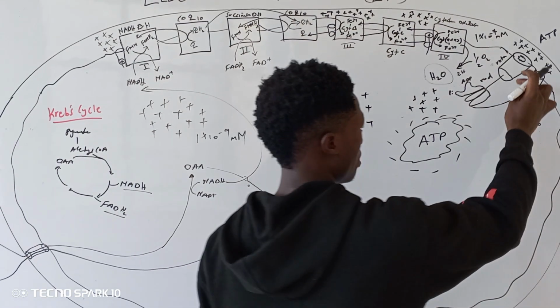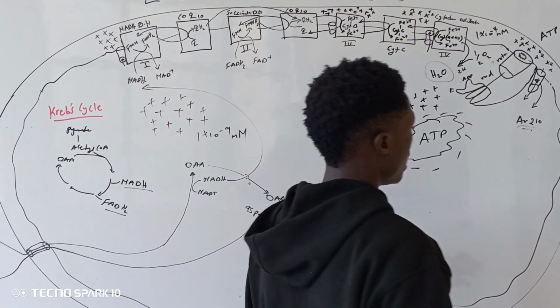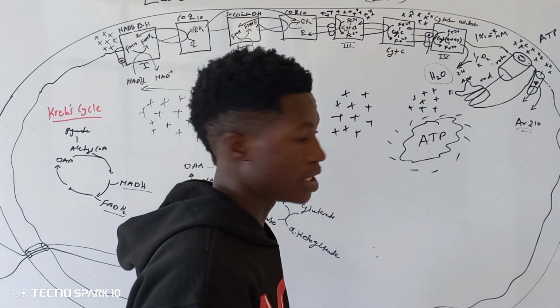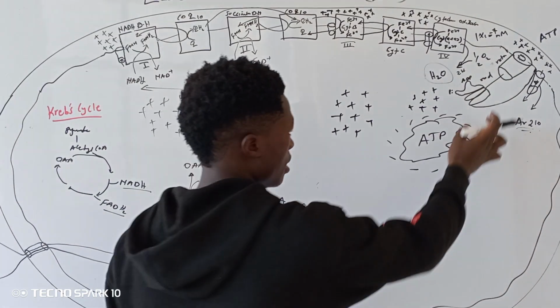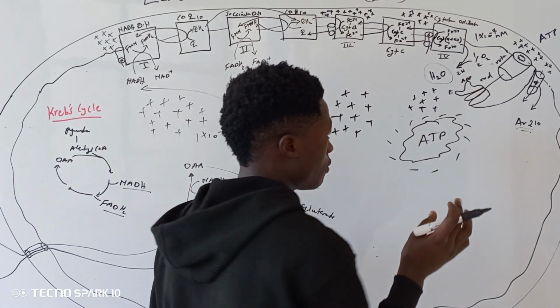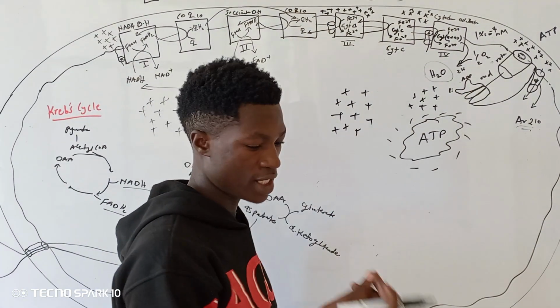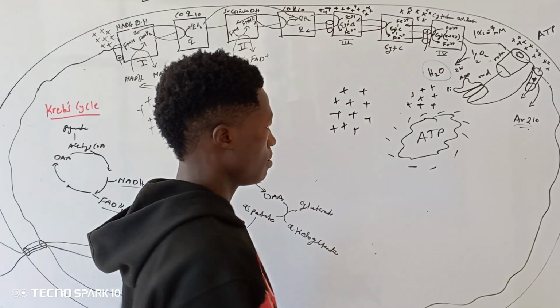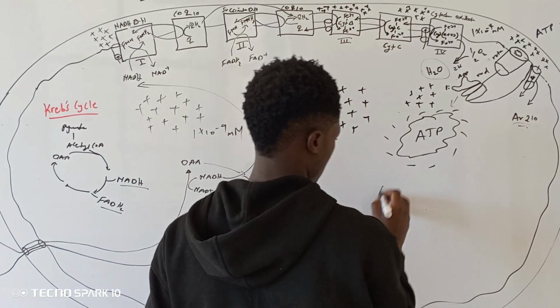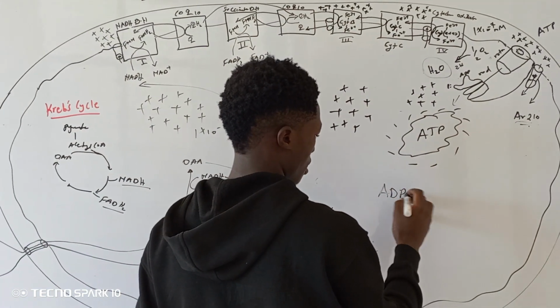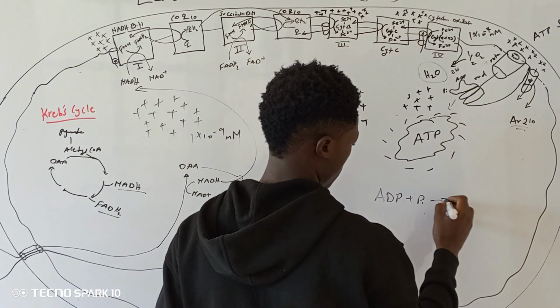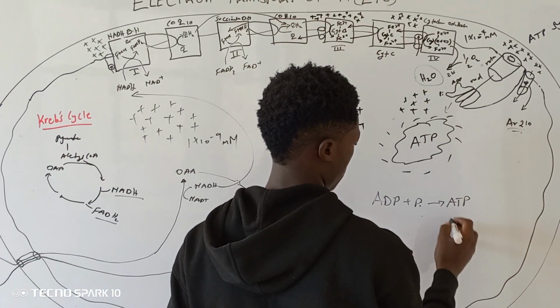This rotation is passed over to the ATP synthase, which generates some potential energy. This energy is used by the ATP synthase to add a phosphate group to ADP. So it combines ADP plus an inorganic phosphate to form ATP.